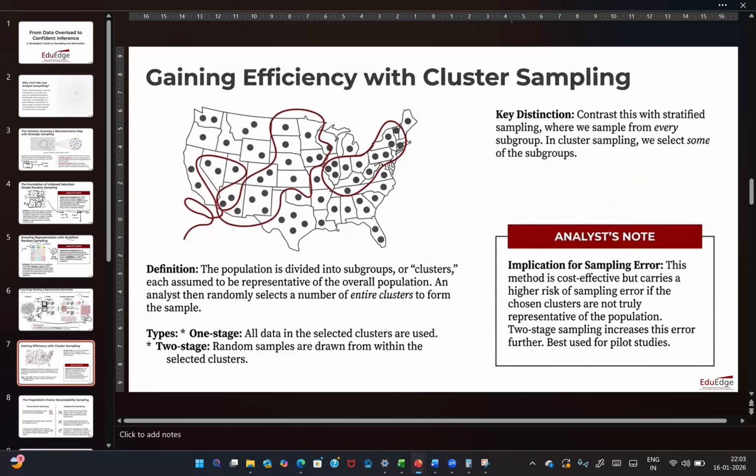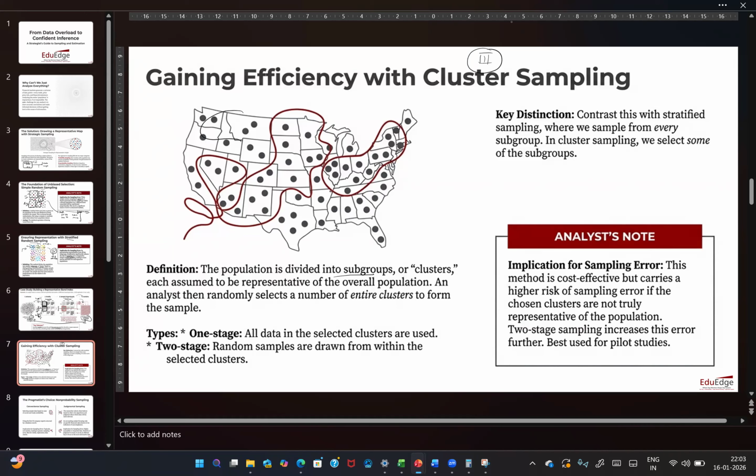Okay. Another method of sampling, the third method, is cluster sampling. What is cluster sampling? So here what we do is the population is divided into several subgroups based on the representation of the overall population. And then the analyst will randomly select a number of entire clusters to form the sample.